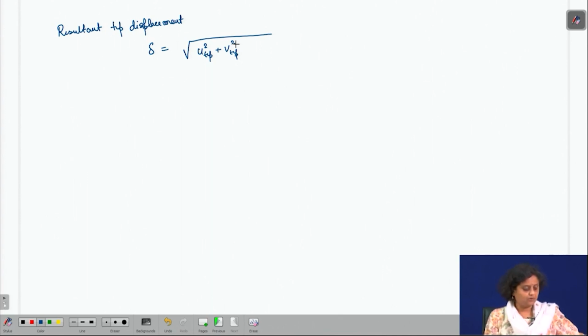Now, once we have got this tip displacement, we also need to find out what would be the direction of the resultant displacement. So the angle that this resultant displacement is going to make is given as theta maybe.